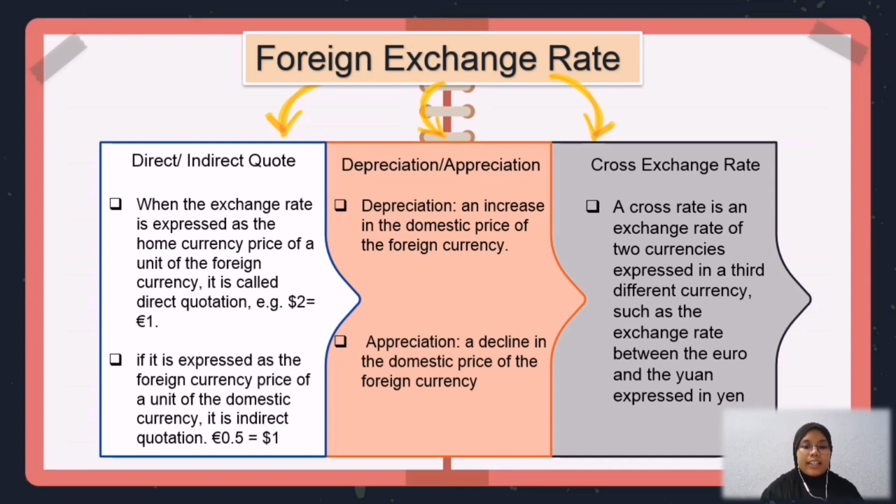Then depreciation and appreciation. Depreciation means an increase in the domestic price of the foreign currency, and appreciation is a decline in the domestic price of the foreign currency. Then cross exchange rate. A cross rate is an exchange rate of two currencies expressed in a third different currency, such as the exchange rate between the euro and the yuan expressed in yen.